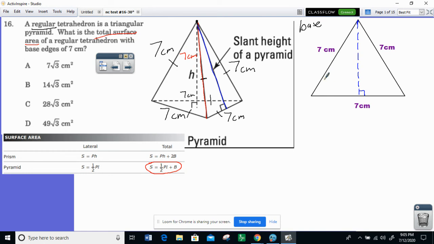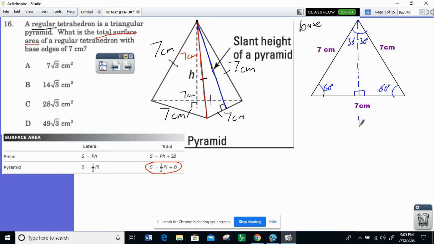Well, we know that if this is an equilateral triangle with sides of 7 centimeters each, all three of those sides are congruent. 180 degrees divided by 3 gives us 60-degree angles for each of these angles. So we've got 60 degrees, 90 degrees, and this 60-degree angle gets split into two 30-degree angles. Hey, we've got two 30, 60, 90 triangles.